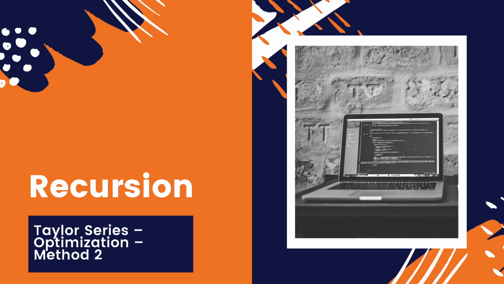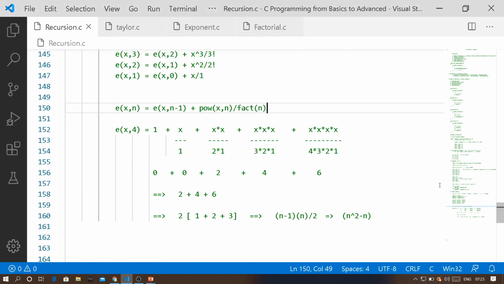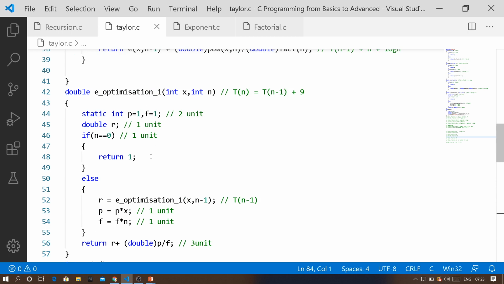Before we get into the problem, in the previous class we stopped with the second implementation of the Taylor series. In the second implementation, we introduced two static variables called p1 and f1, and we used a different methodology.